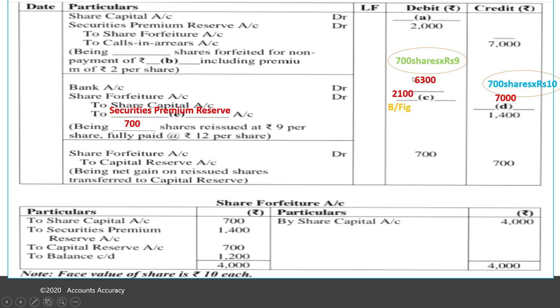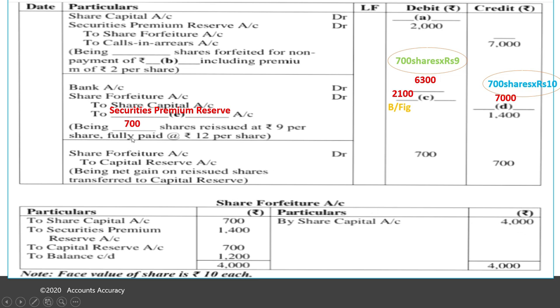That's why from 8,400, when we deduct 6,300, our balancing figure comes out 2,100, which is the share forfeiture value. Now whether both parts are correct or not can also be checked by this capital reserve value. We can see here 4,000 is the forfeited share value on 1,000 shares.